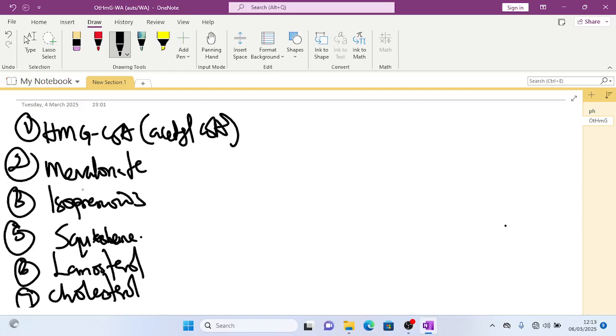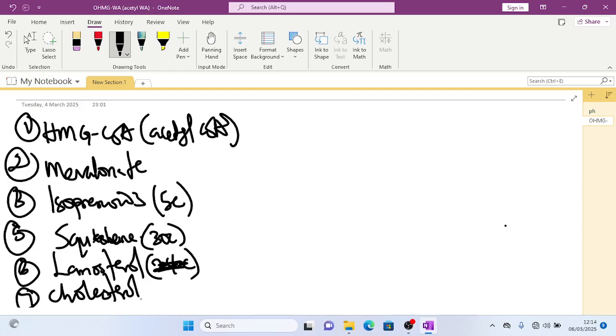Isoprenoids are 5 carbon, so many isoprenoid units will condense to form a 30 carbon squalene, and the 30 carbon squalene will eventually form lanosterol, and lanosterol will then be converted to cholesterol.